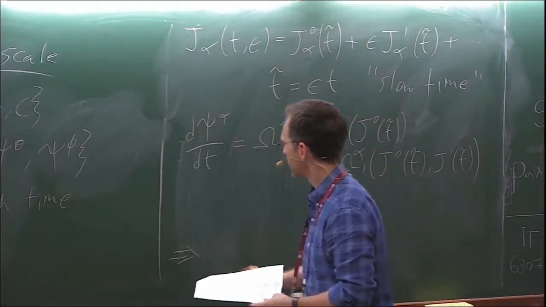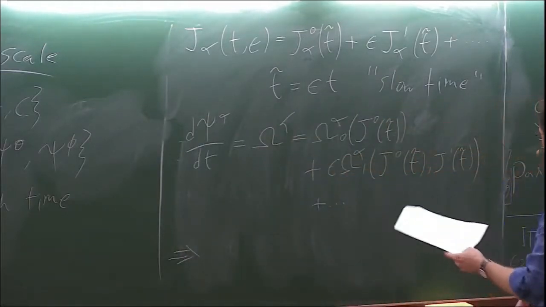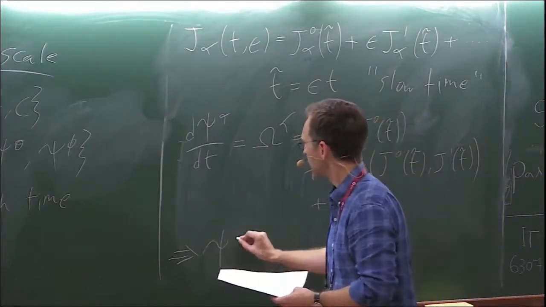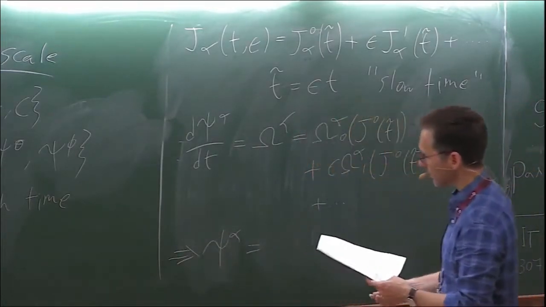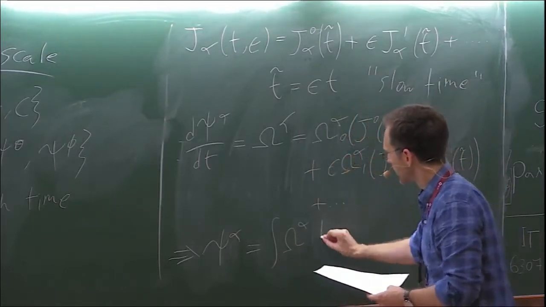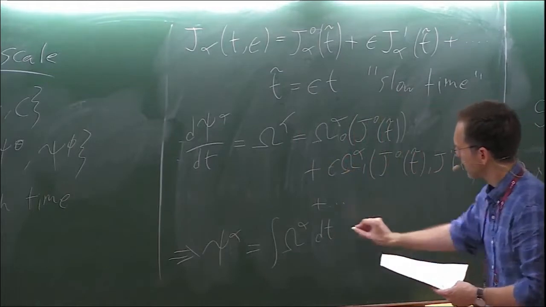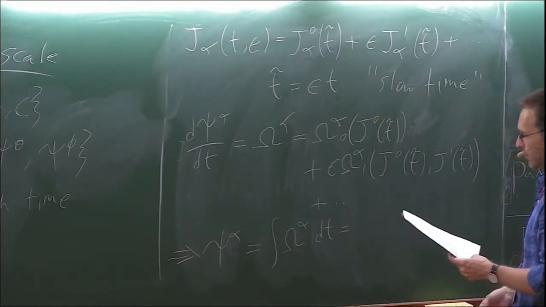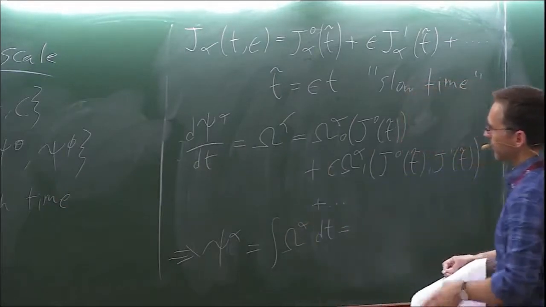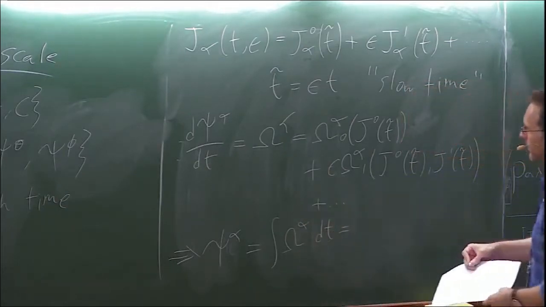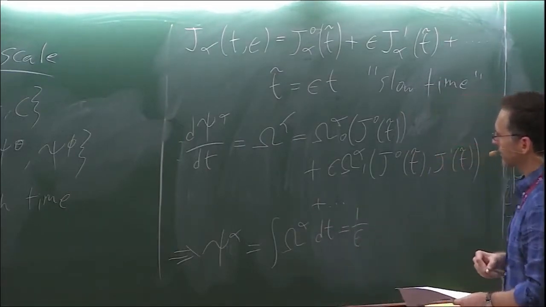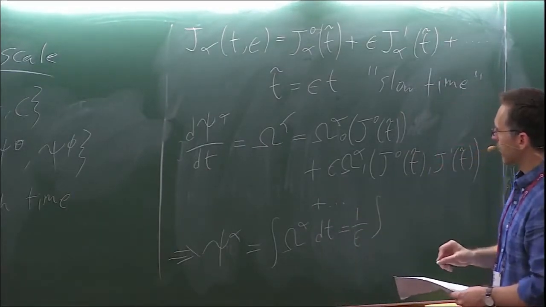So this is where the formula I wrote 15 minutes ago came from. If you just integrate this equation, you find that each of these phases has an expansion of the form I showed before. So we just integrate against t, but each of these are functions of slow time. So let me change the integration variable to t tilde. That introduces 1 over epsilon.